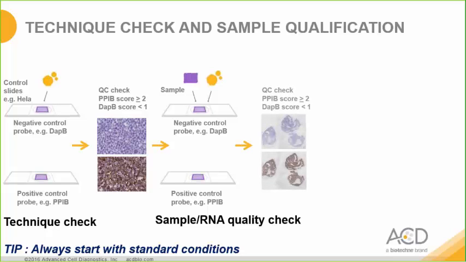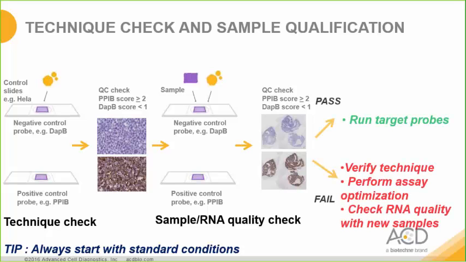Again, if the PPIB stain slide scores greater than or equal to 2 and the DapB stain slide scores less than 1, the RNA quality of the sample is sufficient to proceed with testing of the target probe. If the QC check fails, you should verify technique, perform assay optimization by tweaking pre-treatment conditions, or check RNA quality with new samples.